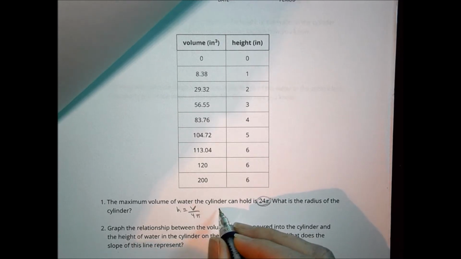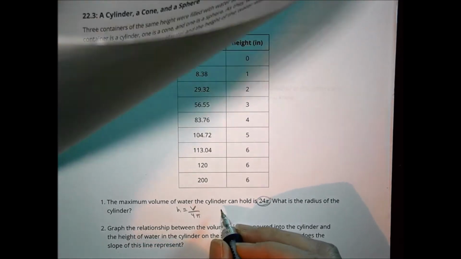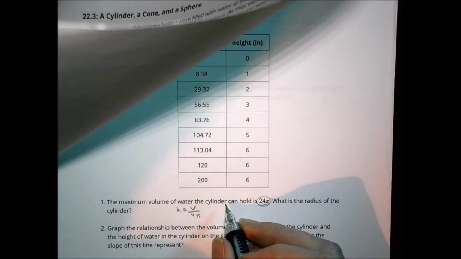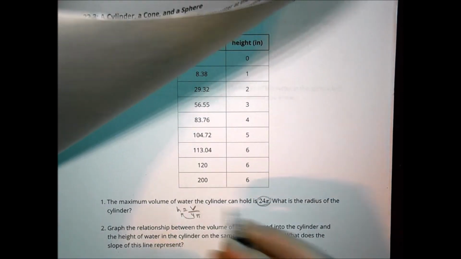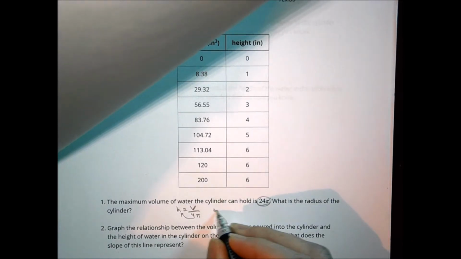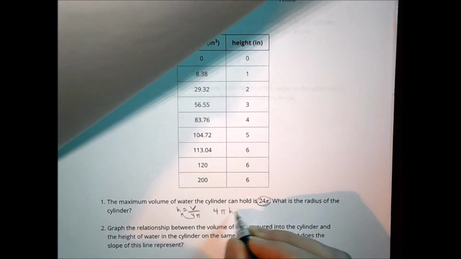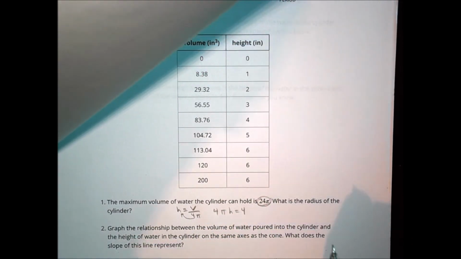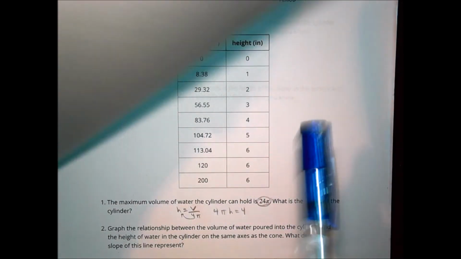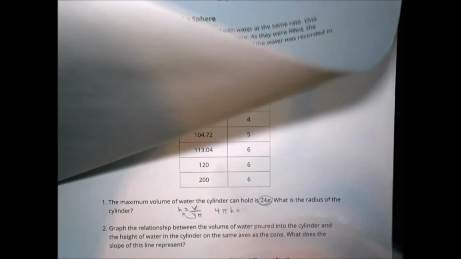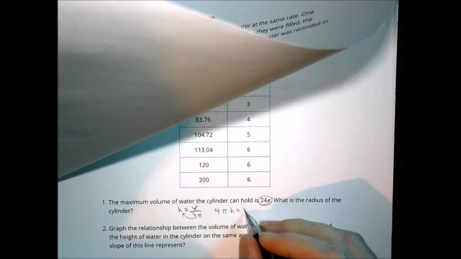So we can plug that in. Let's move this around. I'm going to put this over here so that we have 4 pi times the height equals our volume, right? So since that's what we have set up here, I had to write V. Volume should be V here.